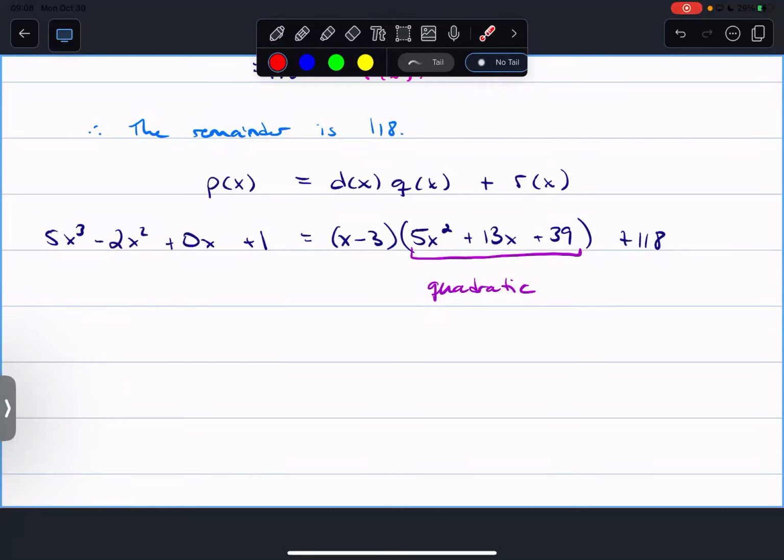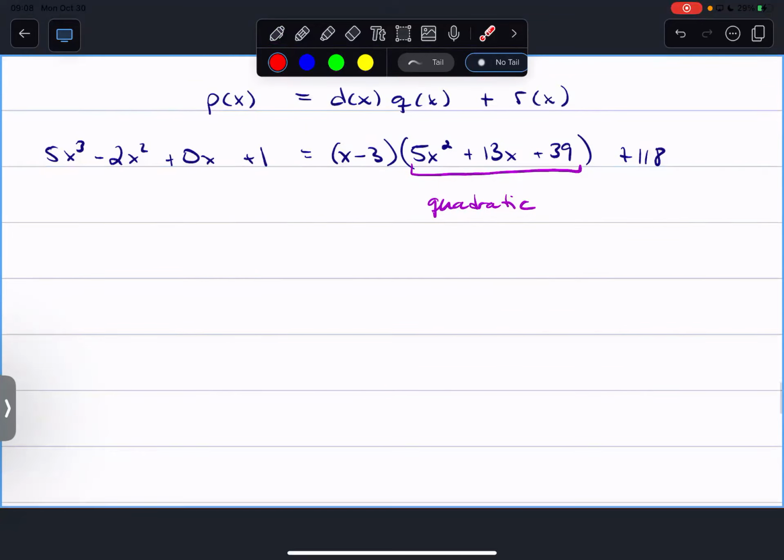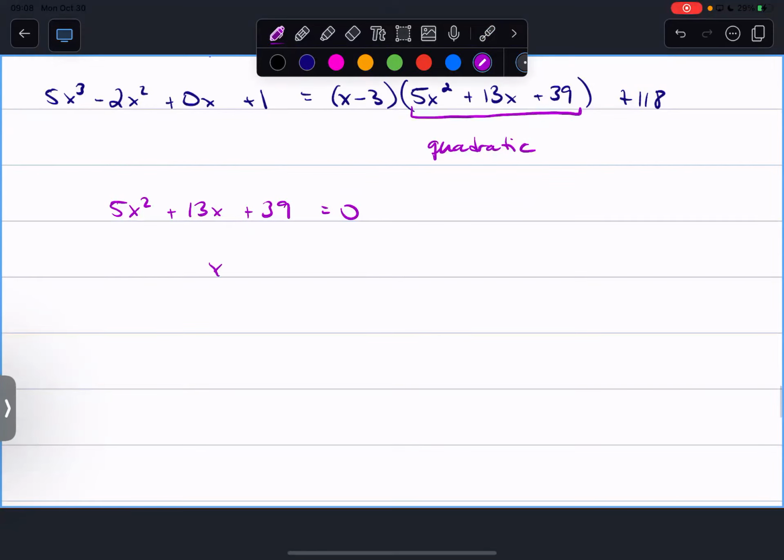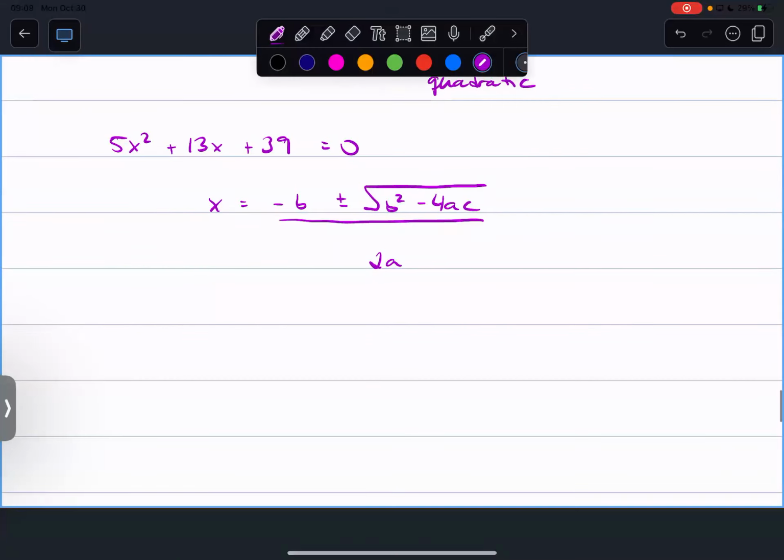Okay, fine. Let's do the quadratic. Let's see it in action. 5x squared plus 13x plus 39 is equal to 0 when x is equal to negative b plus minus the square root of b squared minus 4ac, divided by 2a.